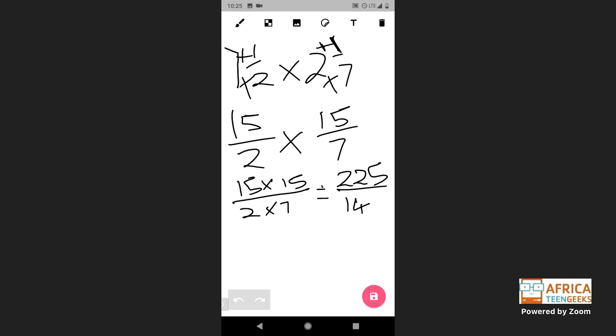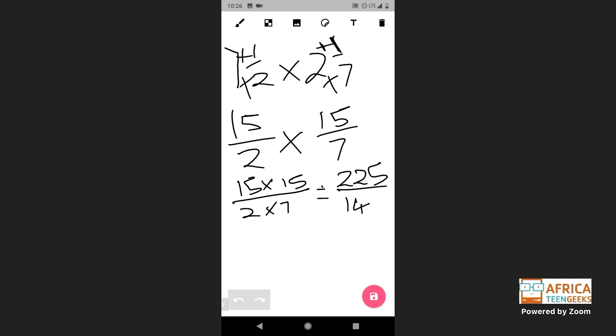So do we have a highest common factor for 225 and 14? What is the highest number that goes into 225 and 14? That particular number must be below 14 because our lowest number is 14, right? And if there's no number, just say no number, or you can't find it.